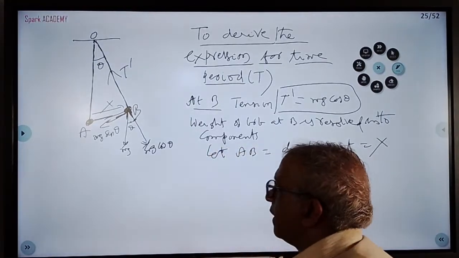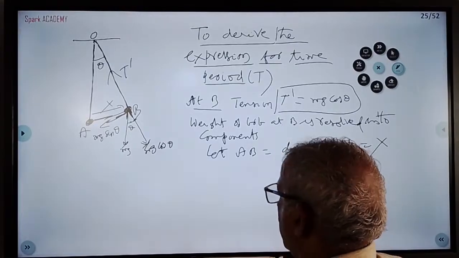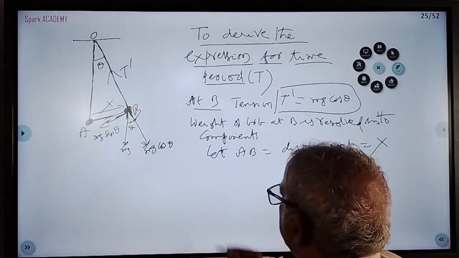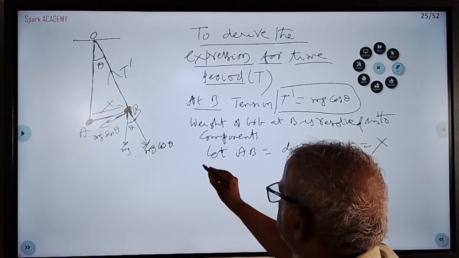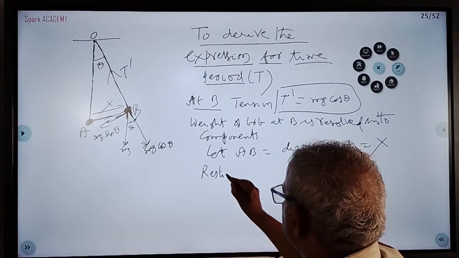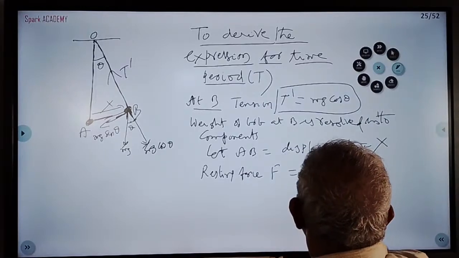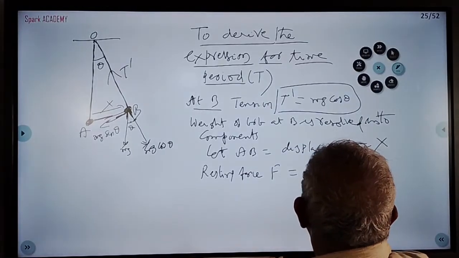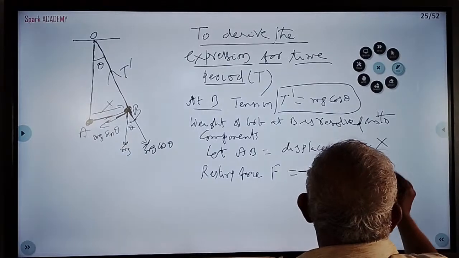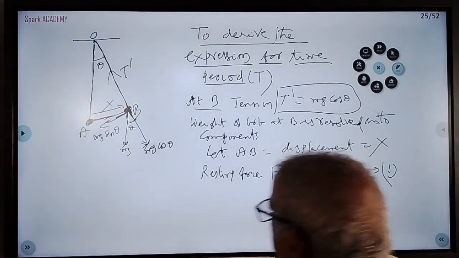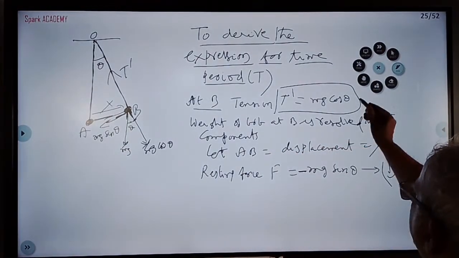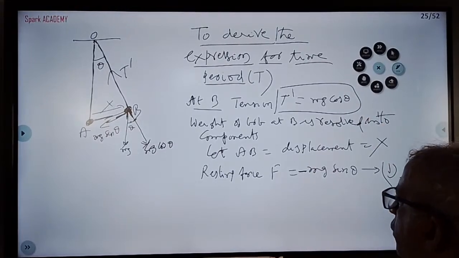Restoring force is opposite to the displacement. So restoring force F is given by minus mg sin theta. Force and displacement are opposite. This equation is not very important, but this one is important.